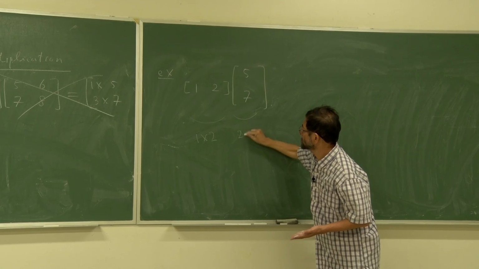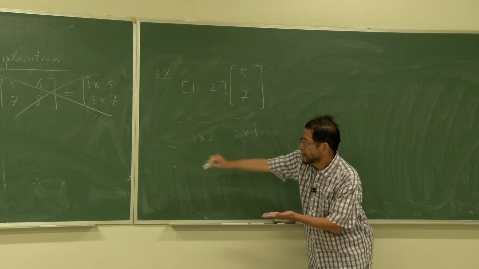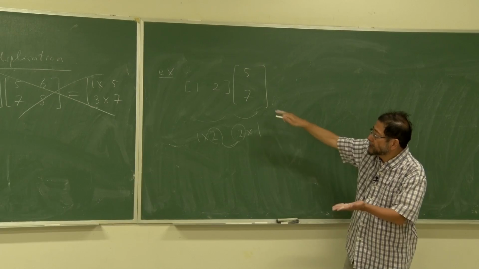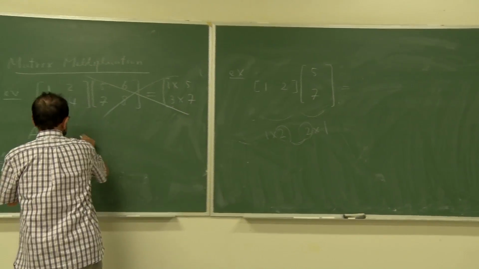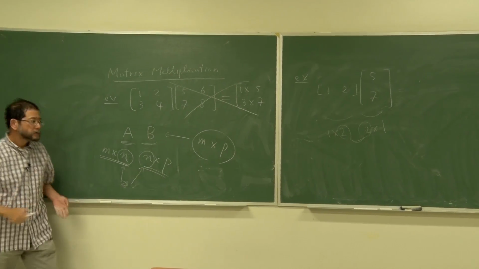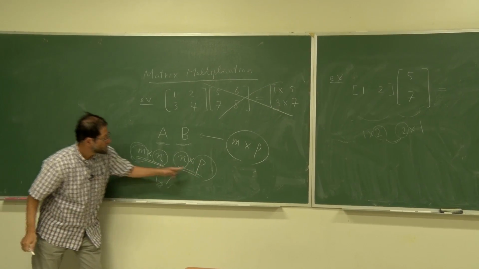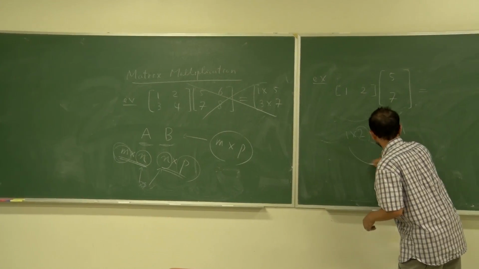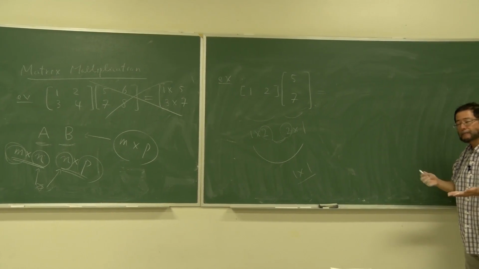This one is 2 by 1, two rows and just one column. So you see these numbers are the same, which is why you can multiply these two. The result has size m by p. So the product is m by p, which means for this example, your product is a 1 by 1 matrix.